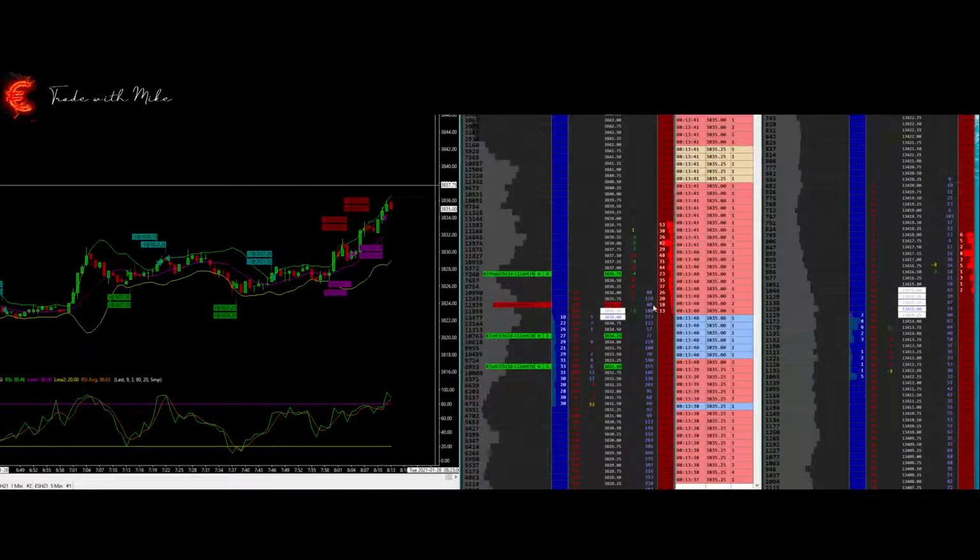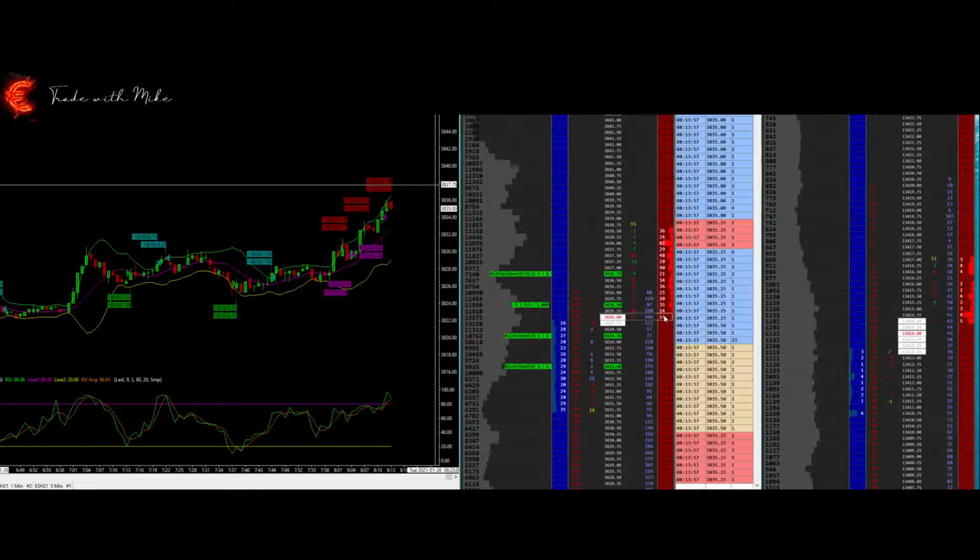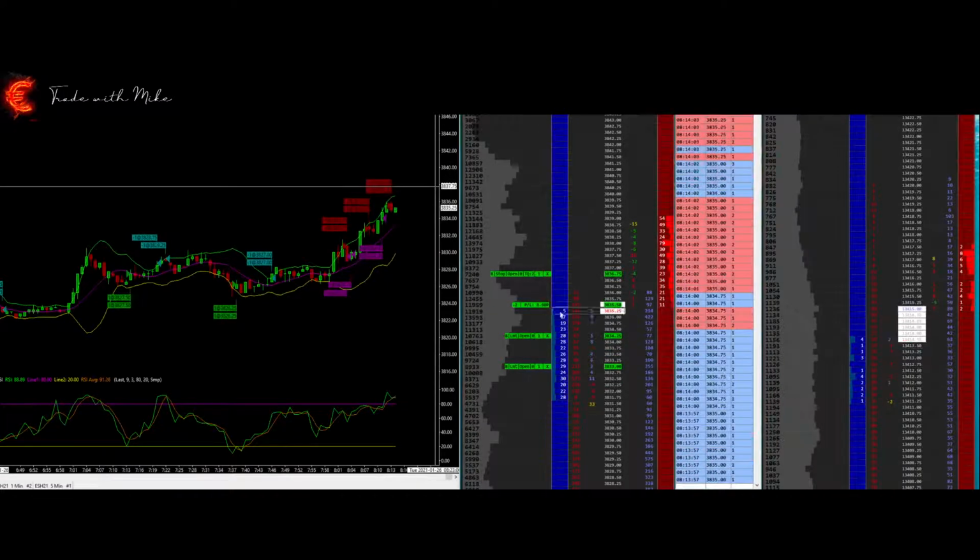I'll go short here because I see every time the price goes higher, they're adding the shorts here. So you see, every single time. Okay. No, thank you. Okay, let's see.